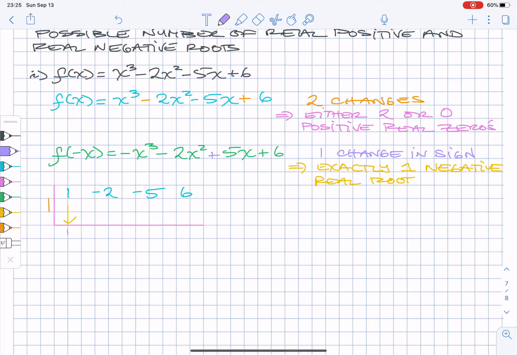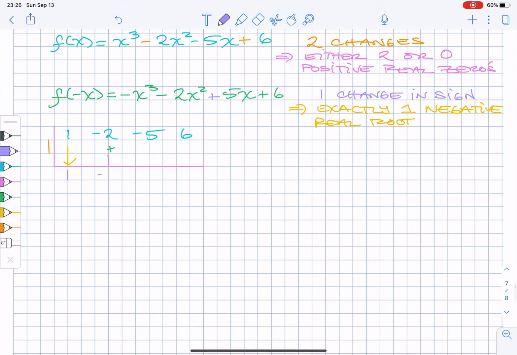Hopefully 1 will work. 1 times 1 is 1. Negative 2 plus 1 is negative 1. So negative 1 times 1 is negative 1. Minus 5 is negative 6 times 1 is negative 6. So yes, a remainder of 0. It is a factor.